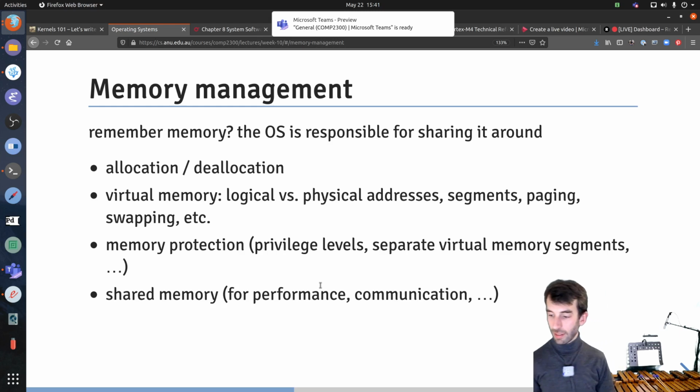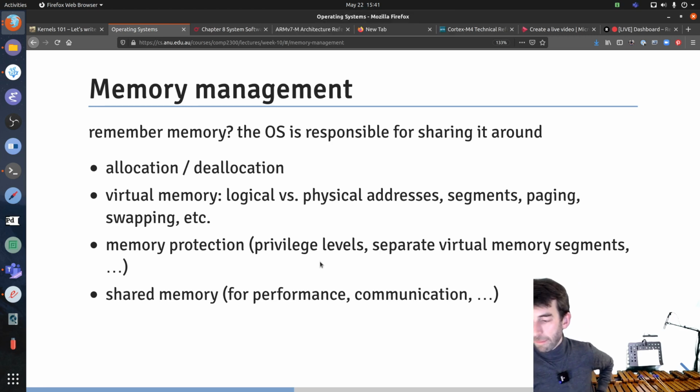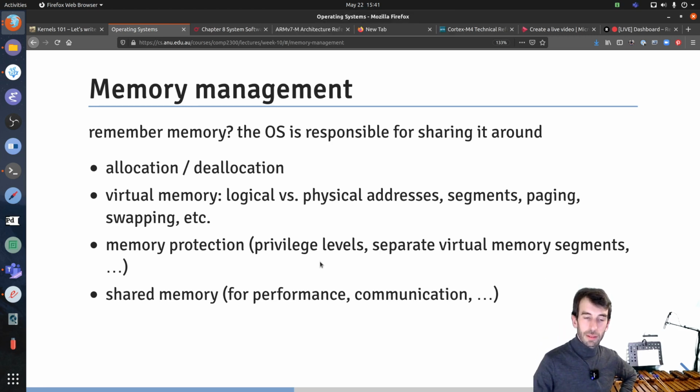So the trick with allocating and deallocating memory is that your programs might like to have memory that's continuous and makes sense, whereas your memory map might be all confused.